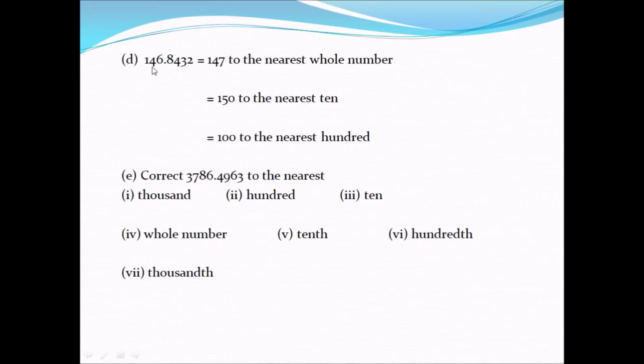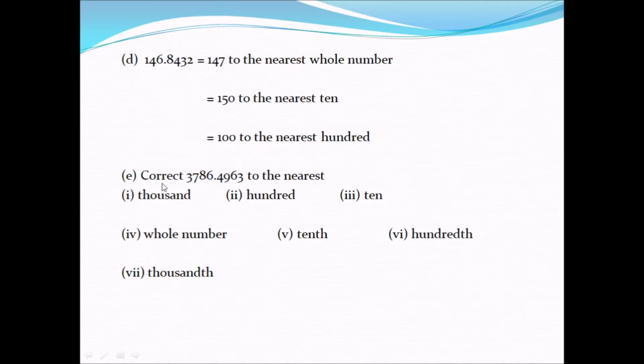So 4 is what you are at here. You check the number beside it. 6, is it up to 5? Yes, it's up to 5. So you call it 1. You take 1 and add it to this. That's why we have 150. Now to the nearest 100, like I said, this is 146. Is it nearer to 200 or is it nearer to 100? Because it's not up to 50, the 46 is not up to 50, you say it's closer to 100, and that's why we have 100 as the right answer.